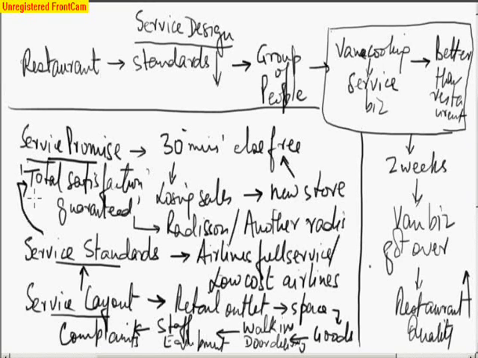One organization which does this very well is Starbucks. Starbucks, as we know, is a coffee company. They are using three commodities, milk and sugar and coffee, and creating magic around it.